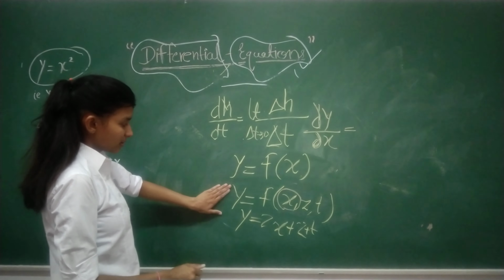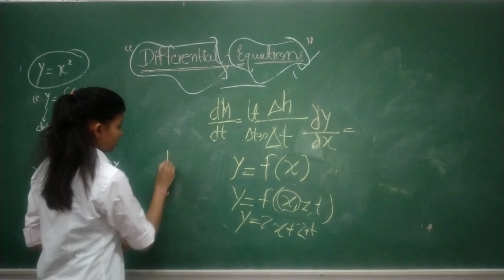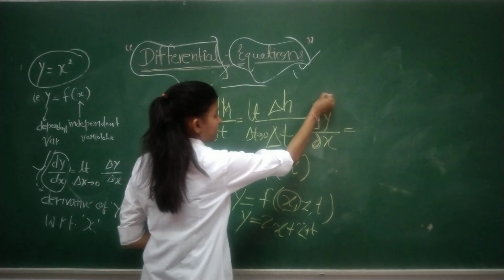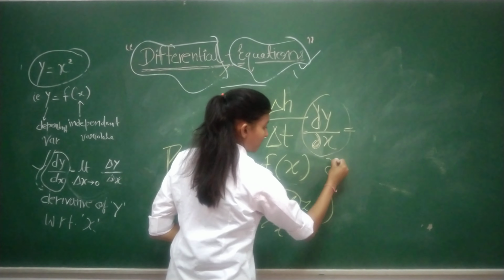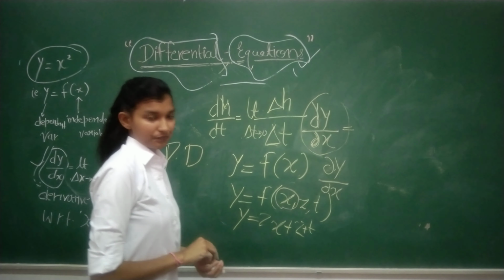So in this case, we differentiate it partially. This process is called partial differentiation. And in this case, the derivative is defined as del y by del x, which is called the partial derivative.